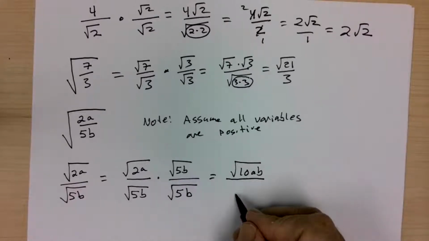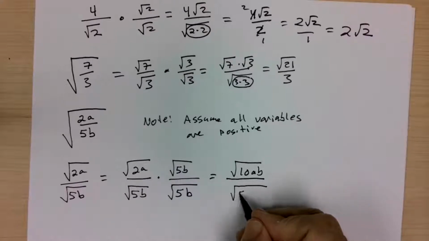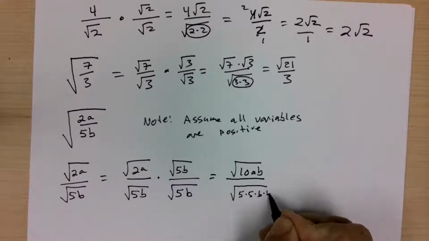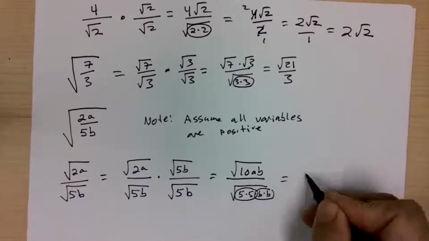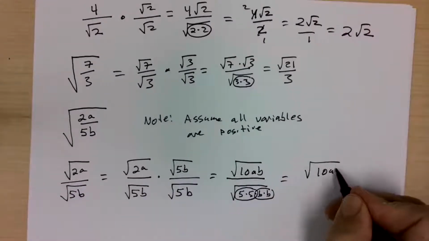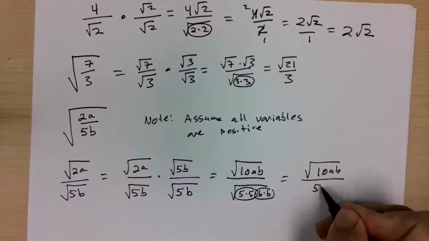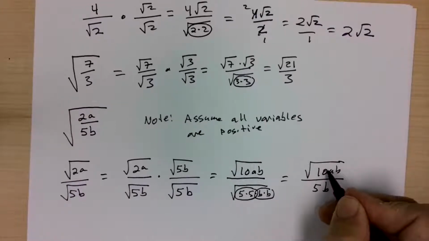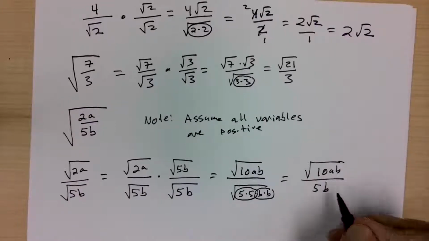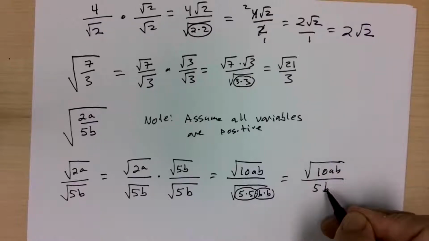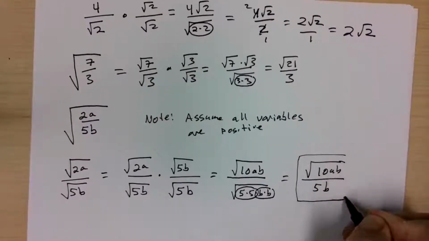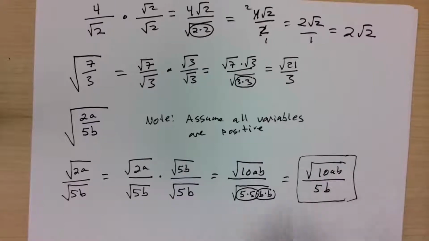Downstairs, I have root 5b, root 5b, which is root 5bb. And you'll notice 5 comes out, bb comes out. And we get root 10ab over 5b. Now, do not try to divide these out. Under the square root, the root 10 and the 5 do not divide out. The b under the square root and the b down here do not divide out. And my answer is root 10ab over 5b.